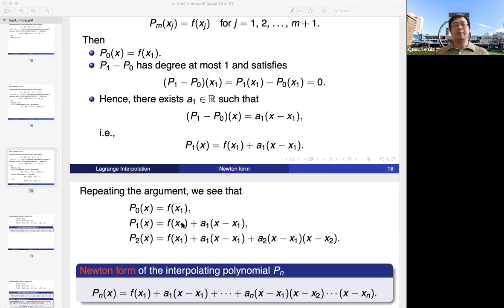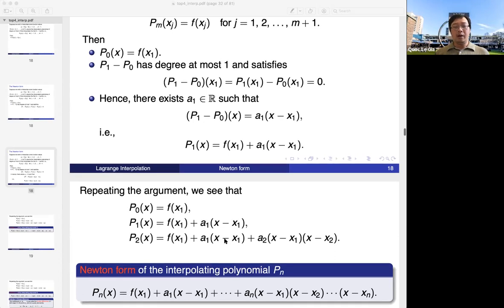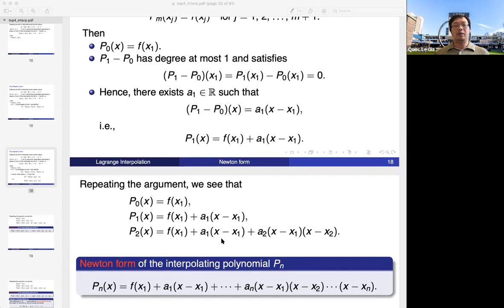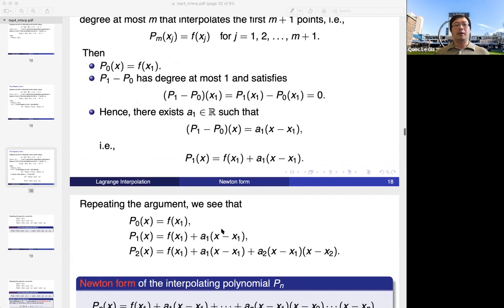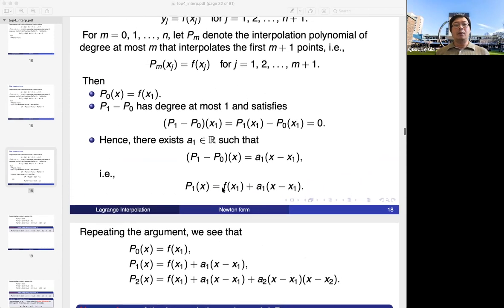Yeah, so if you put in x1, then it goes through f of x1. And then P2 is the parabola that goes through x1, x2, and x3. And so on.